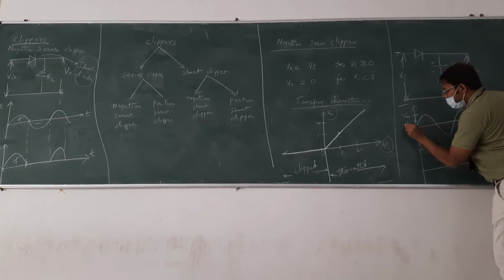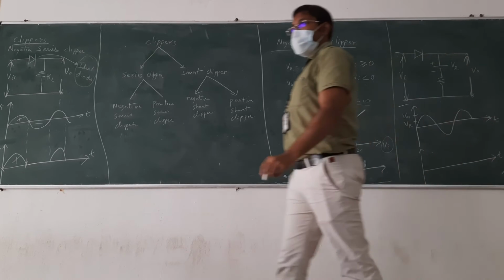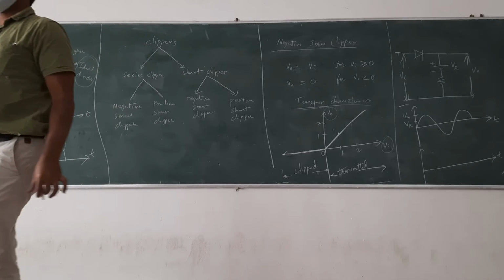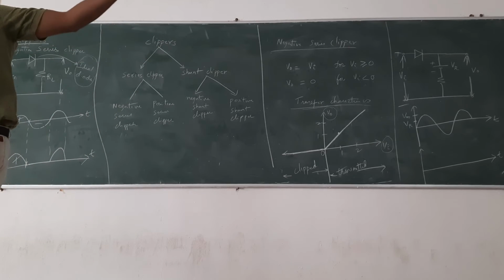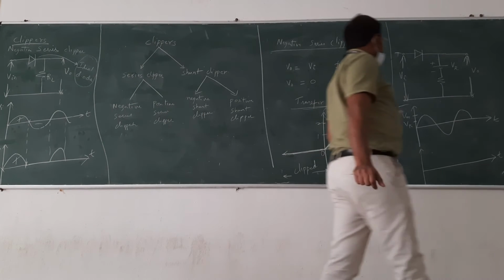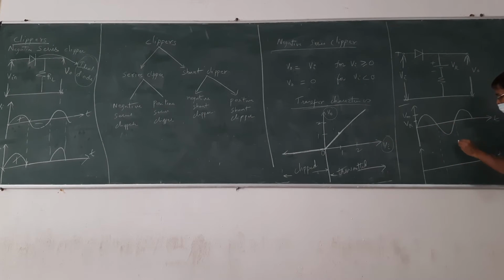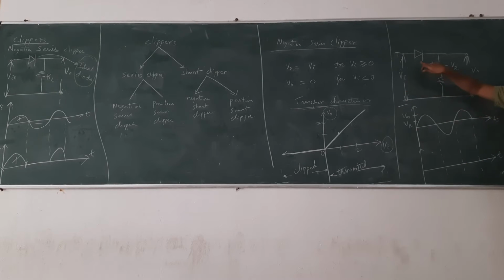Let me take the reference voltage positive but less than Vm. Now, when Vi is greater than VR, see here, one end of the diode has voltage VR.